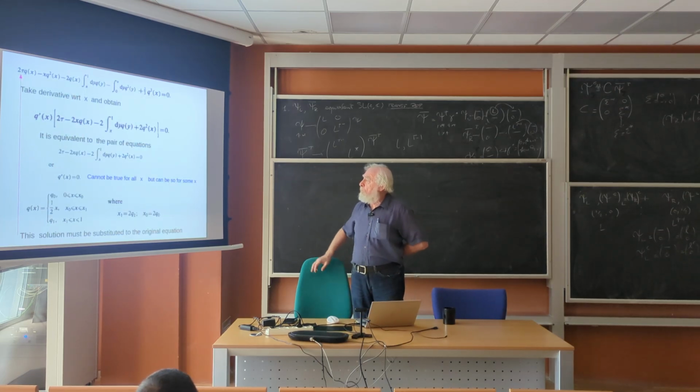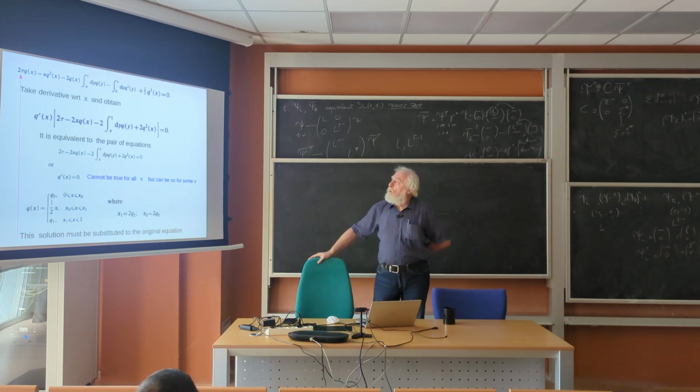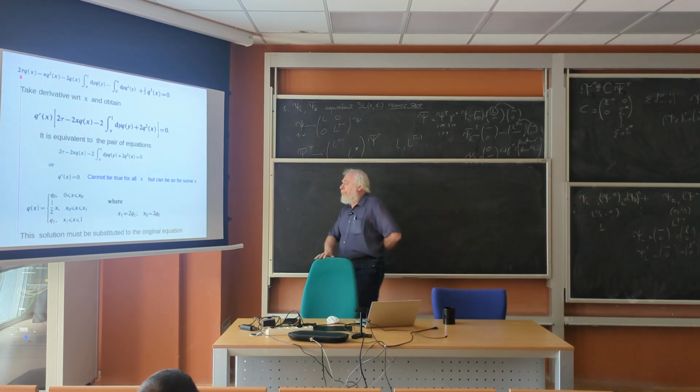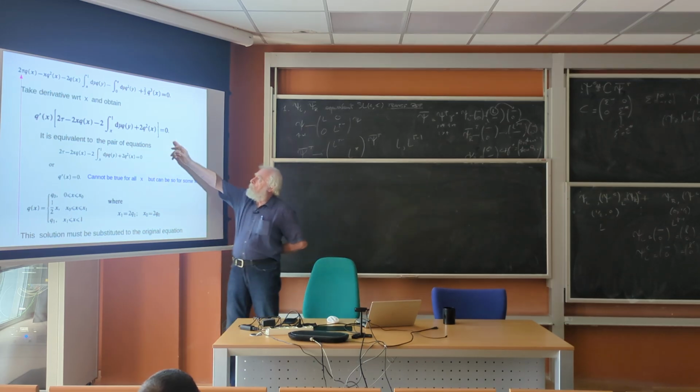The same equation is rewritten here. Now let's solve it. This equation is not so difficult to solve. First, we simply take a derivative over x. As a result, we will see this equation.